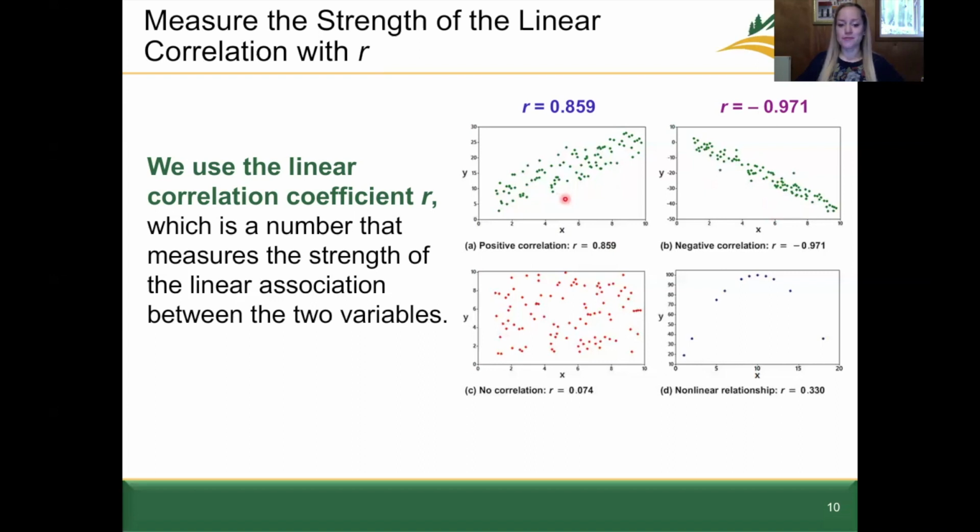Then again, because an R value that's equal to 0 indicates no correlation, this R value for plot C of 0.074 matches up to what we'd expect for a no correlation example. It's not quite 0, but it's pretty close to 0. Then again, we need to be careful with these nonlinear relationships because from the R value, we could say that there is a mildly positive correlation.